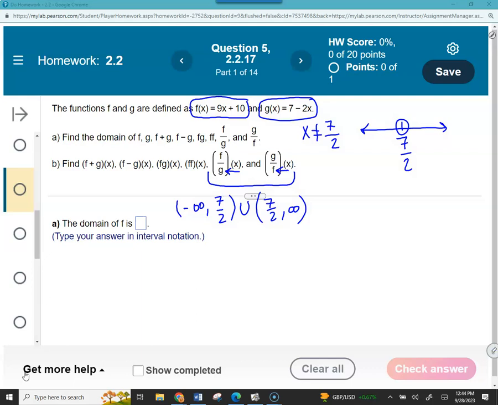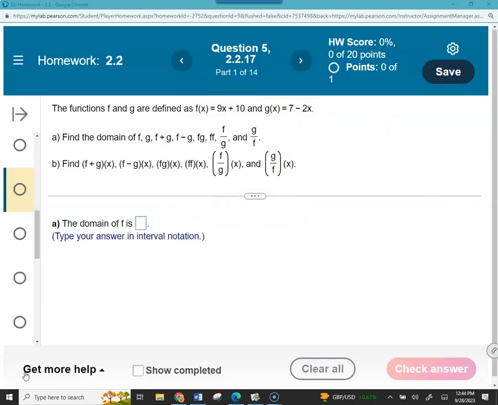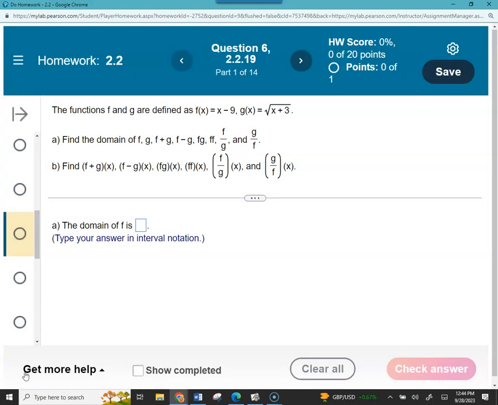So this problem is linear. You might want to take these notes. This problem, 6, is linear and square root. Remember, we wrote it at the very beginning of these notes.